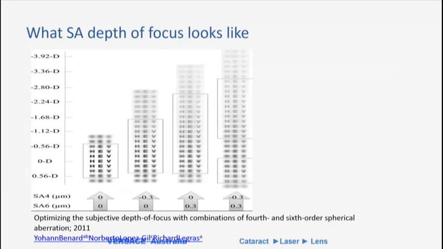And then as you go along, you see different combinations of spherical aberration. And on the far right, you can see an example where you have both positive and negative spherical aberration in the optical system. When you do this, you can make the letters out over a much wider range of defocus, but they're never quite as sharp. So there is some loss of the quality of sharpness when you increase spherical aberration. There is a price to pay.